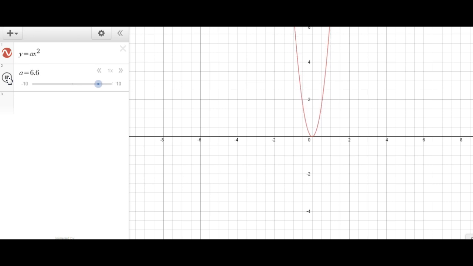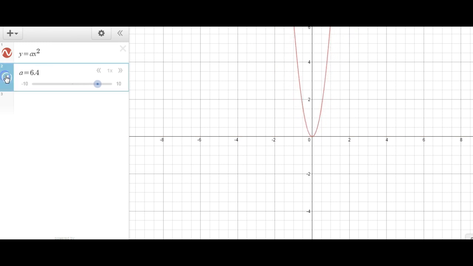It's just going to bounce back and forth. So you can see it has 10, and then it goes down to -10. So right now, what happens for the shape as the a value gets bigger? What's it doing? It's getting narrower, right? Does it matter whether the a value is getting bigger negative or bigger positive? No, right? As the absolute value of a gets bigger, this thing is getting narrower.